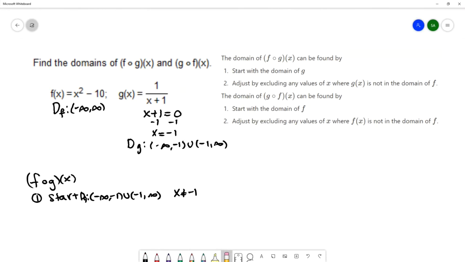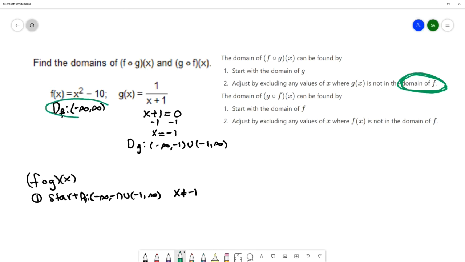And then in the second part, we need to adjust by excluding any values of x where g of x is not in the domain of f. So what that means is we need to come up with some extra restrictions, and we don't have any because the domain of f doesn't have any restrictions.